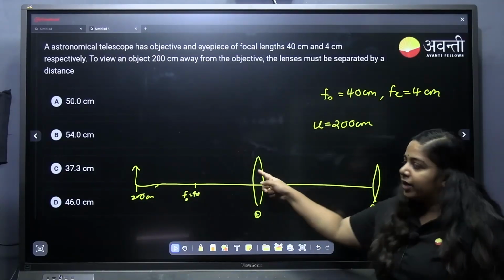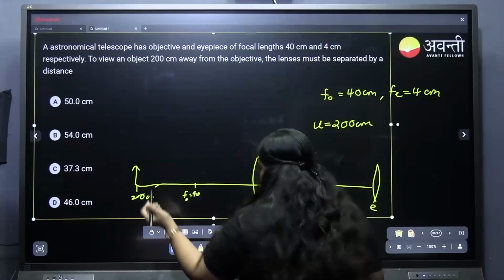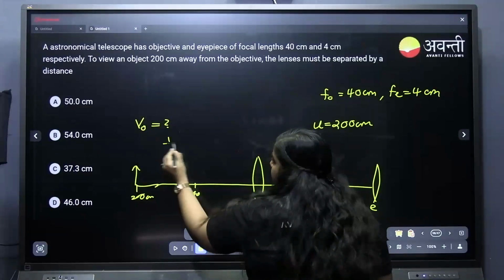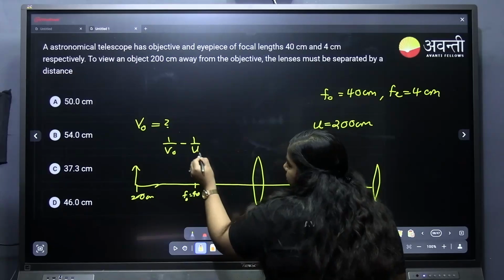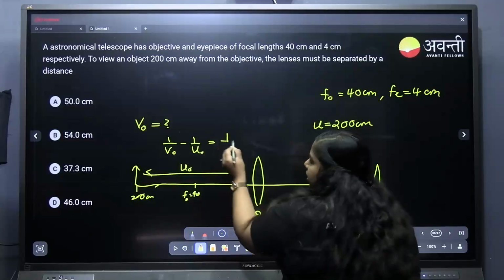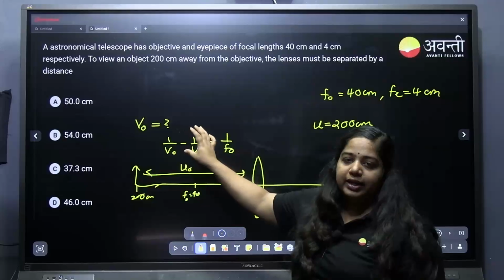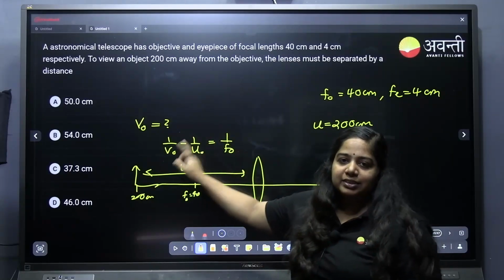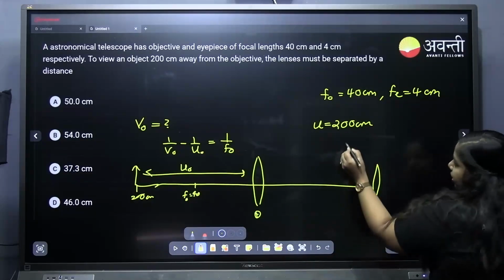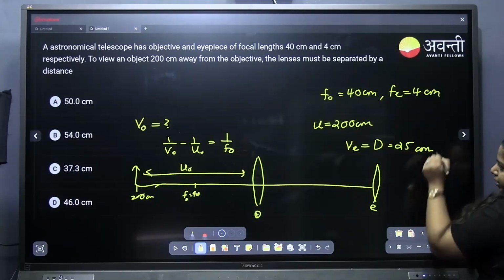So first we have to find the image distance. VO we have to find. How will we find VO? 1 by VO minus 1 by UO, this is UO, is equal to 1 by FO. From this we will find VO, that is the image distance of the objective. After that, we know VE is equal to D, let's take it as 25 centimeter.